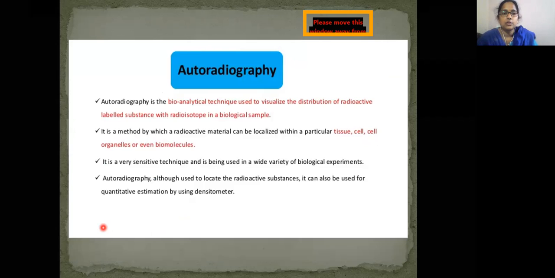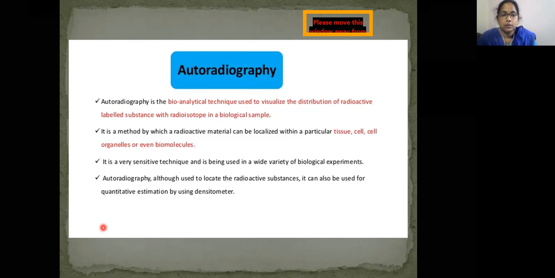We can see where it is distributed. You can find out the location of the radioisotopes in a sample. Okay, it is a method by which a radioactive material can be localized within a particular tissue, cell or cell organelles or biomolecule. So you can find out the location.